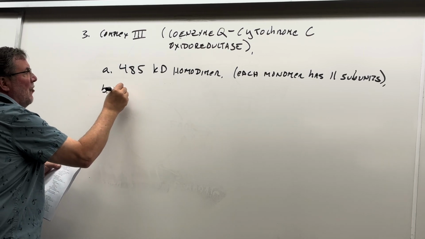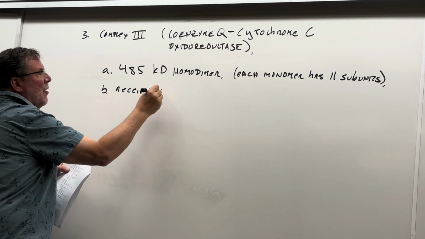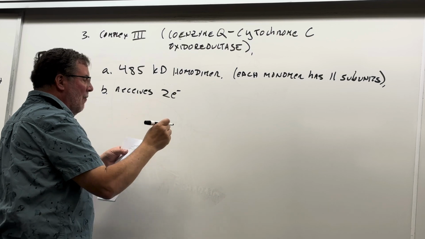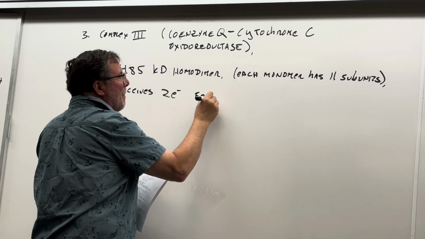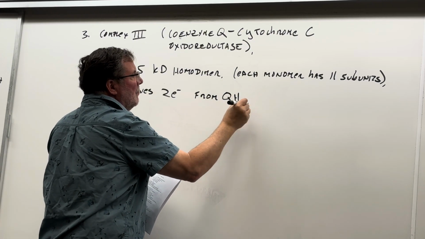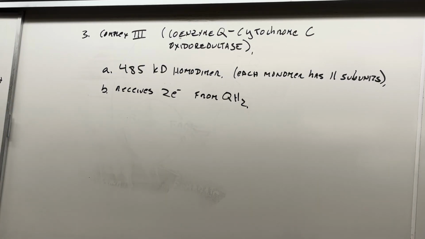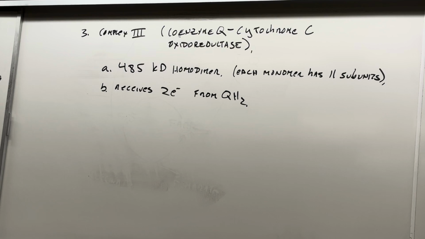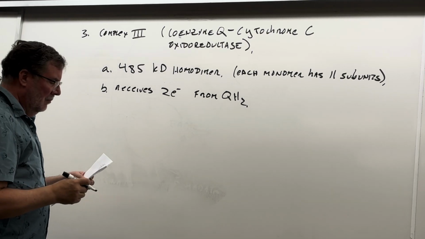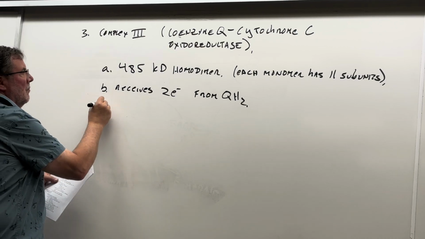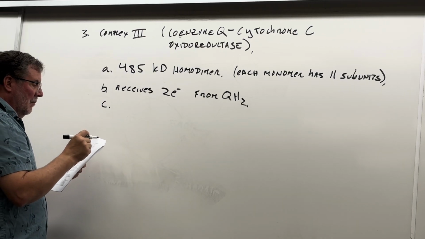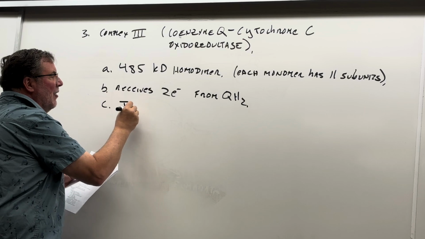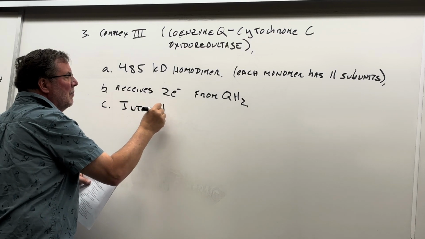Okay, it receives 2 electrons from QH2, from the oxidation of QH2. Now we generate that in either complex 1 or complex 2. It also has internal electron carriers.